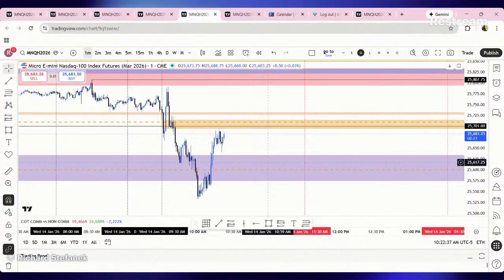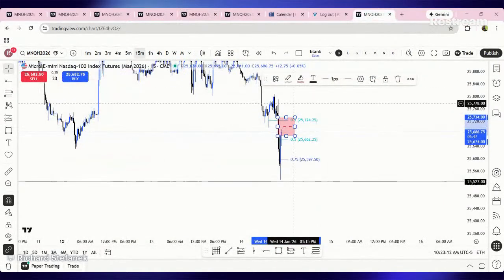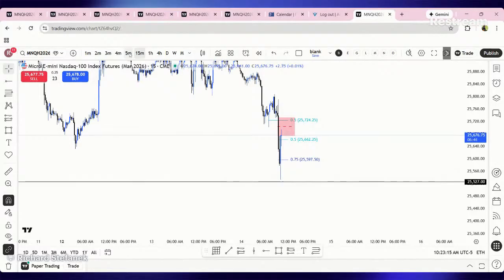Got 8 minutes before London closes. This is the part that a lot of people struggle with, and I struggled with as well at the beginning.